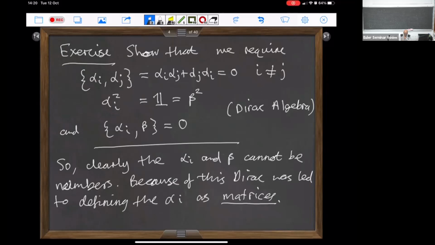So it means that the alpha i and the beta cannot be complex numbers, but they have to be operators of some kind, beyond C-number operators. And Dirac's idea was that they'd be promoted to matrices. This turned out to be an extremely powerful leap of faith to make.